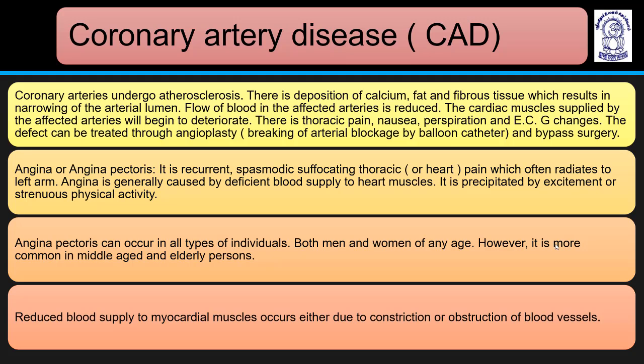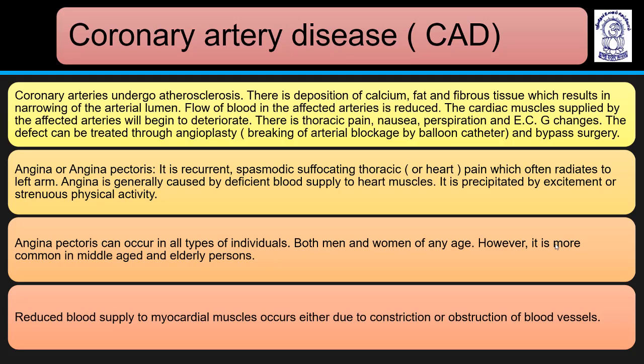The recurring frequency of the pain depends upon the percentage of blockage a particular artery has, especially the coronary arteries. It often radiates to the left arm, to the triceps muscles of the left arm.